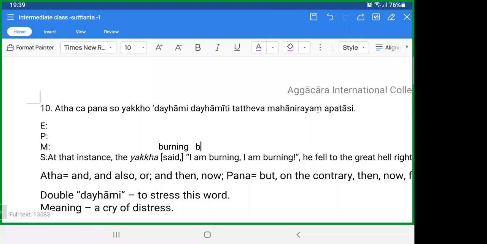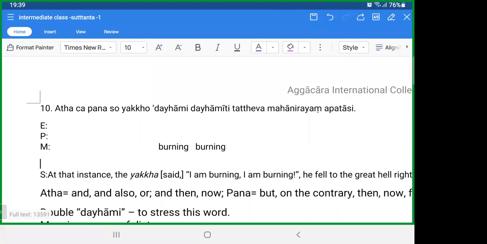Okay, I am burning. Now, remember we studied the basic class. We have 3 ways to translate in the present tense. This is a present, I'm burning. So it's a present what? Continuous, right? So you can put maybe under English: present continuous.